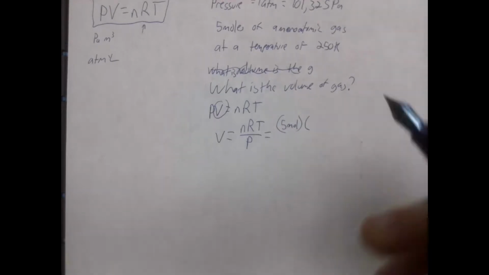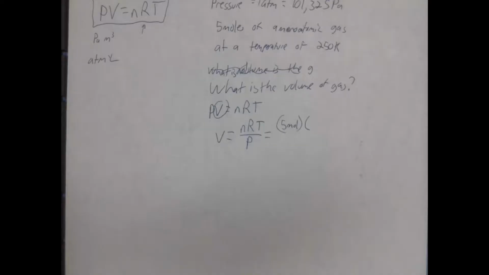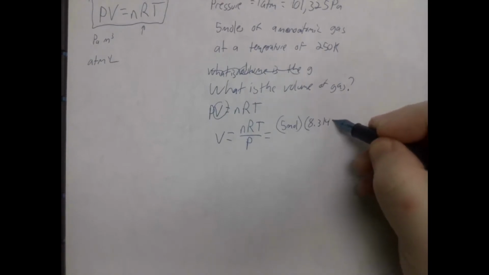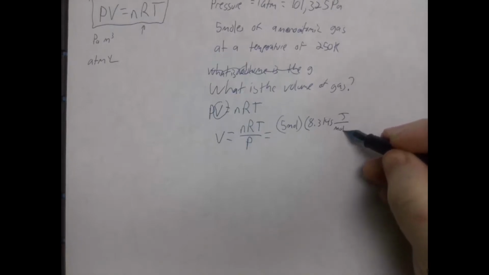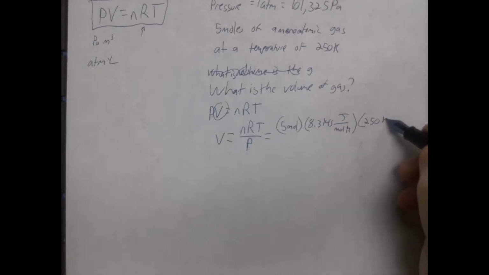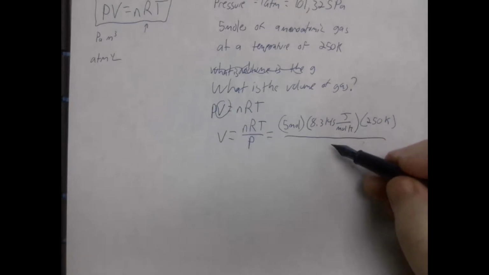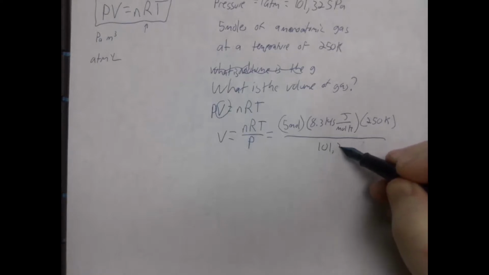Our R value is 8.3145 joules per mole Kelvin. Our temperature is 250 Kelvin. And we're going to divide this by a pressure of 101,325 Pascal.